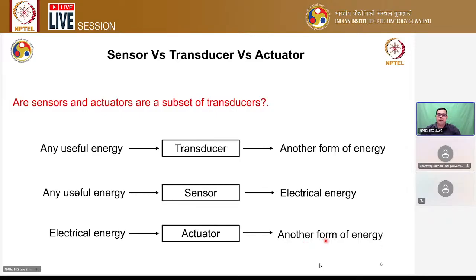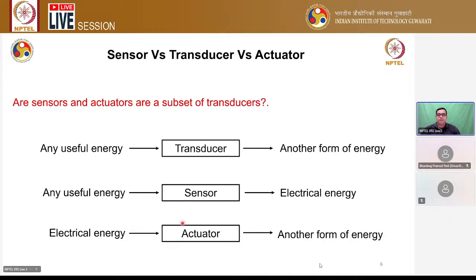So essentially you are fixing the input energy and converting it into another form of energy. Now, if you see the definition of the transducer, you have taken any useful energy. I am not defining the type of energy, but for the actuator, I am fixing the type of energy, which is electrical in nature. The transducer defines that the output is another form of energy, and this other form of energy is not defined for the actuator either, and it remains another form of energy.